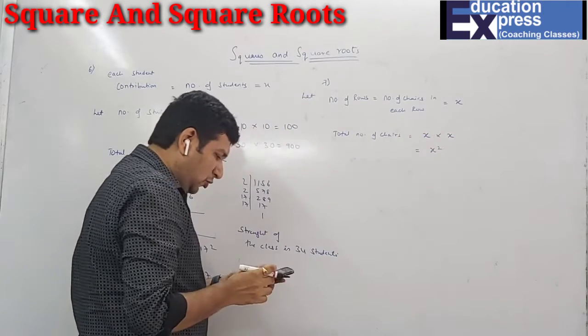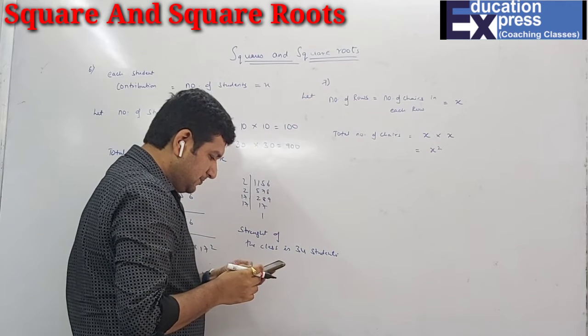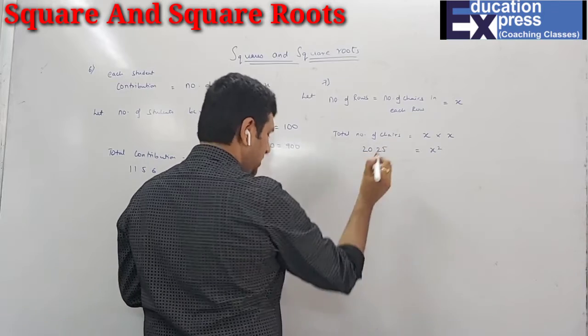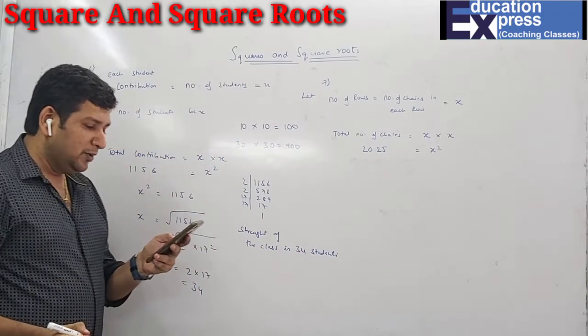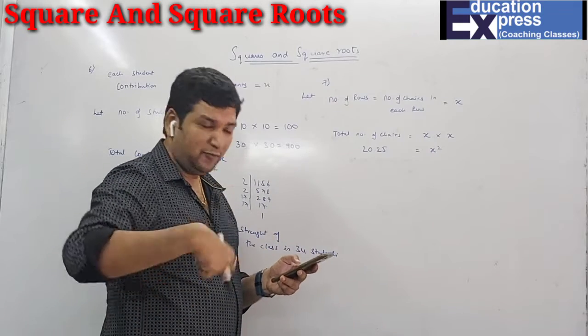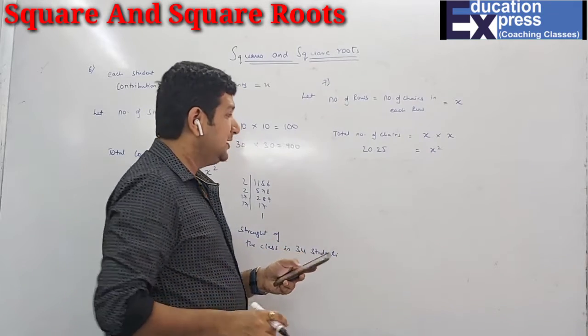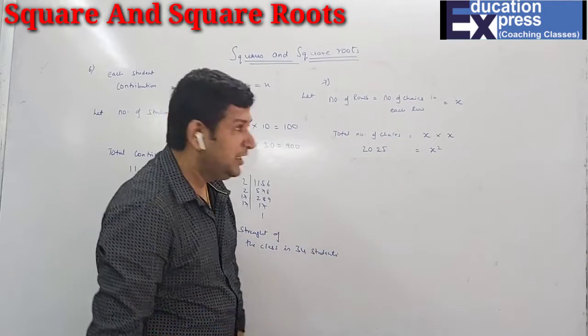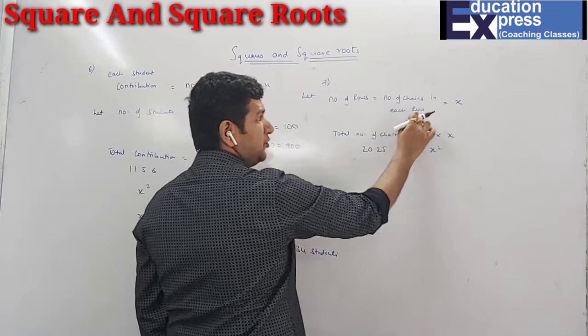But they have given the total number of chairs as 2025. Okay, I'll read the question. In an auditorium, the number of rows is equal to the number of chairs in each row. If the total number of chairs available in the auditorium is 2025, find the number of chairs in each row. That means I have to find the number of chairs in each row, which is nothing but x.